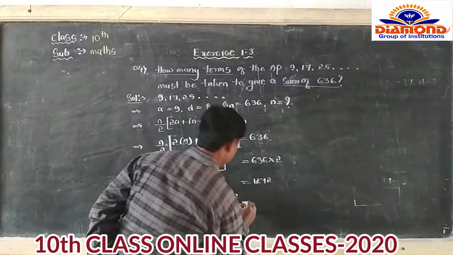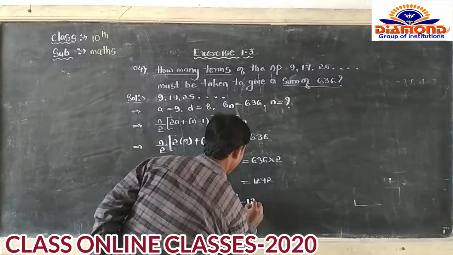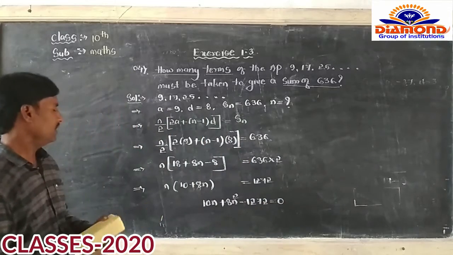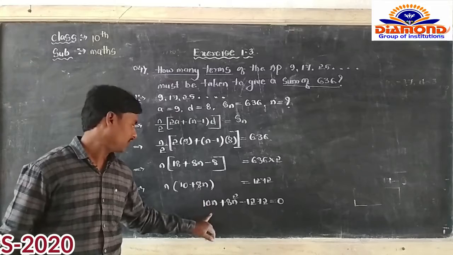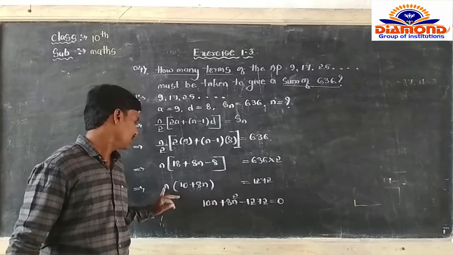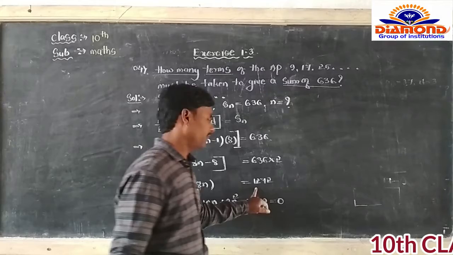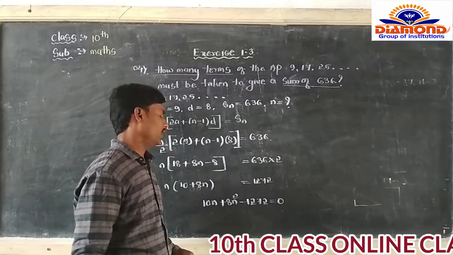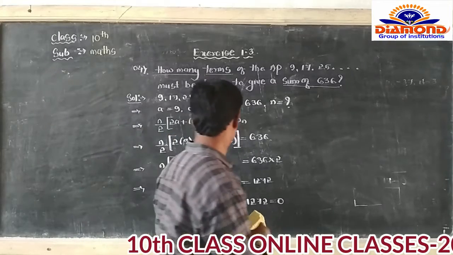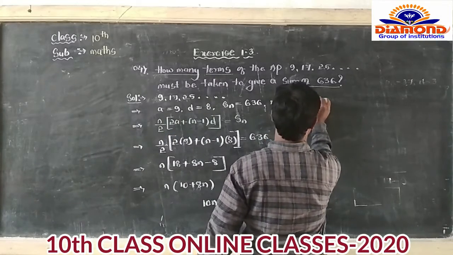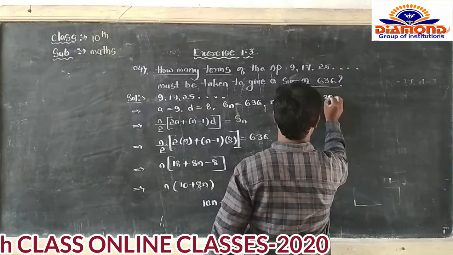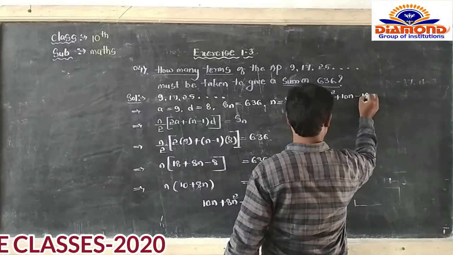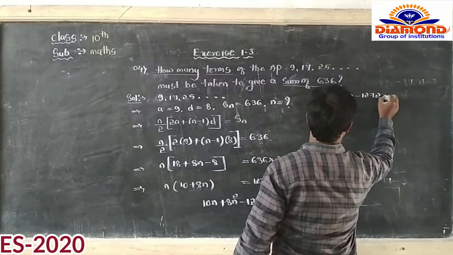Bring 1272 to this side, it becomes minus 1272 is equal to 0. Then, dear students, you should write it in descending order. When we write descending order, it becomes 8n square plus 10n minus 1272 is equal to 0.